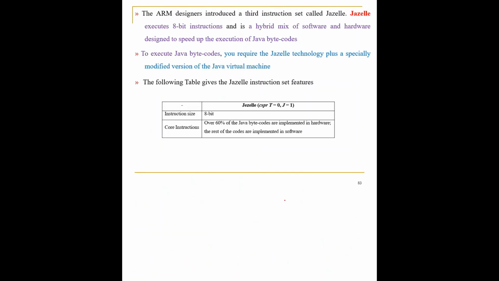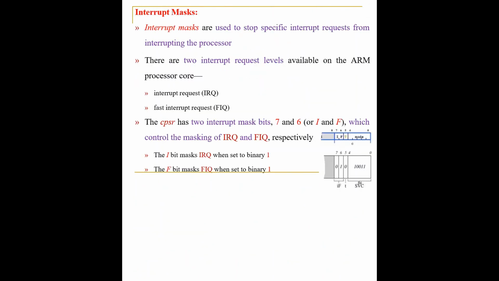Fine. Interrupt masking. What do you mean by interrupt masking? Let us say you are sitting inside a room and studying. There's a door here. A friend comes and knocks on the door. You have closed your ears using cotton buds, so that you cannot hear whether he is calling or knocking. This method in processors is called masking.